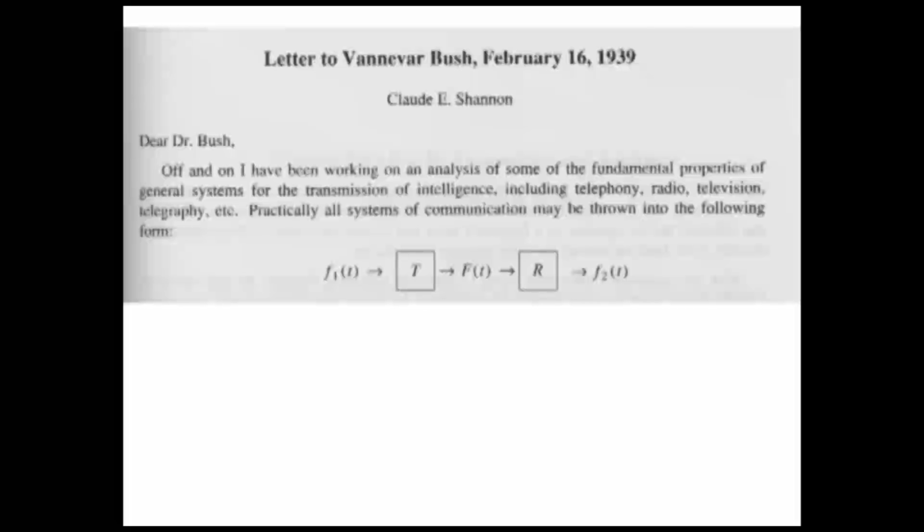Whereas here, these boxes, in fact, look at the whole message that you want to transmit and then produce a waveform. And the same thing here, you look at the whole waveform that you have obtained, and then you produce a guess for the original message. So, of course, that is the bread and butter of the formulation of information theory problems, and it goes back to his PhD days at MIT.